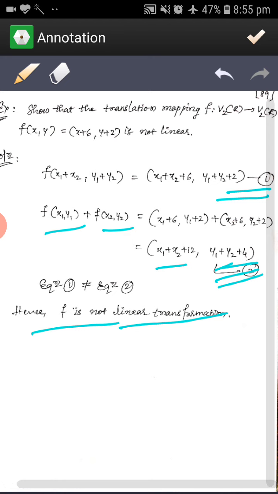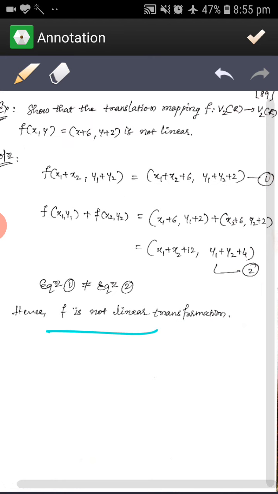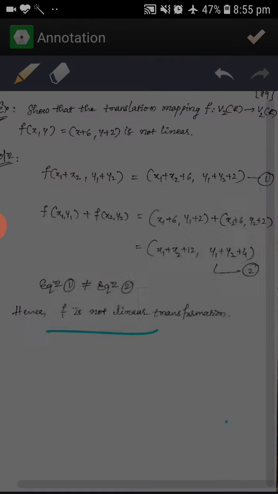Taking f of x1, y1 plus f of x2, y2 individually, it does not match equation number 1, so it is not a linear transformation.